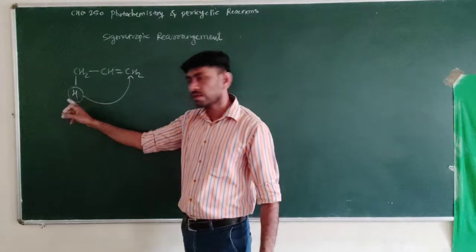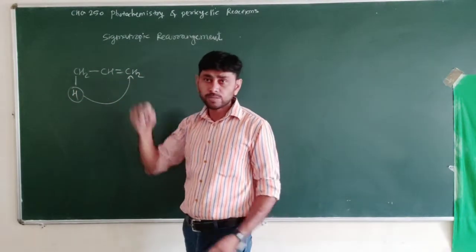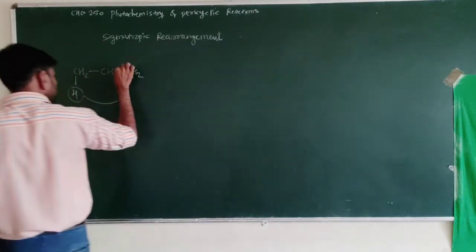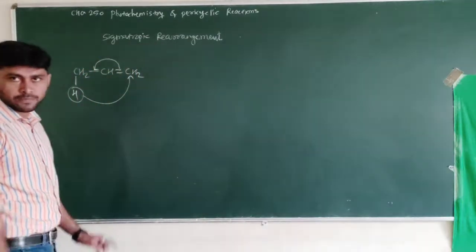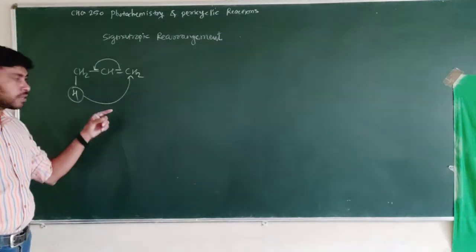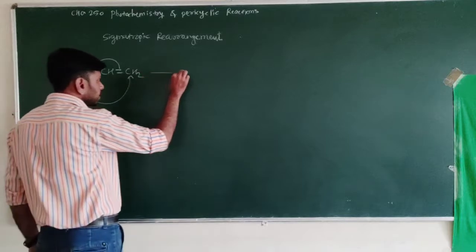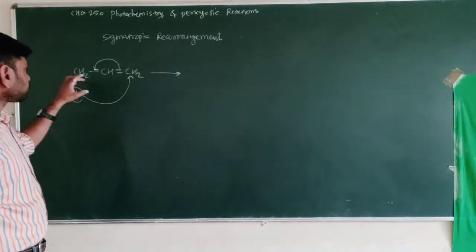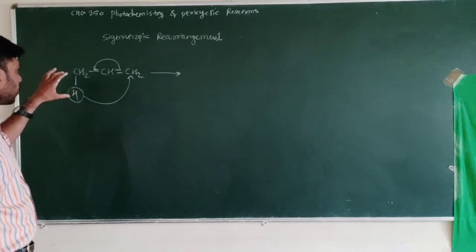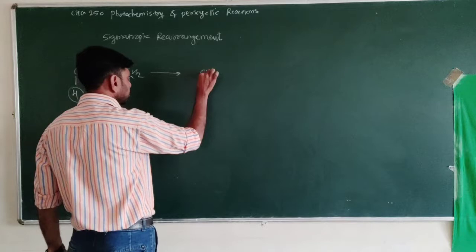So here this atom is transferred from one end to another end with a cyclic shift of electrons. So these pi electrons are shifted here. So this is a cyclic shift. The cycle is completed here. So a cyclic shift of electrons is there, and due to this cyclic shift of electrons, this reaction is under pericyclic reactions.